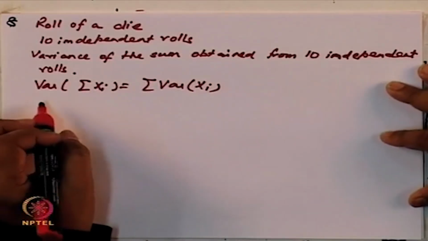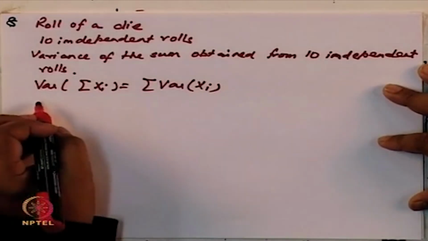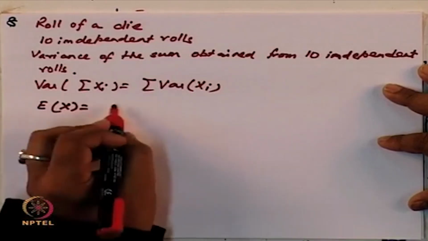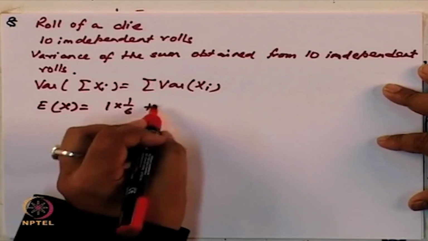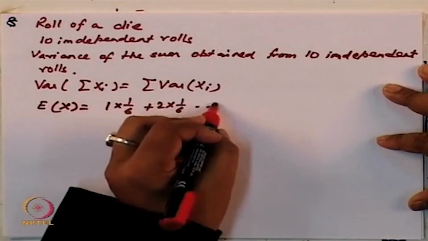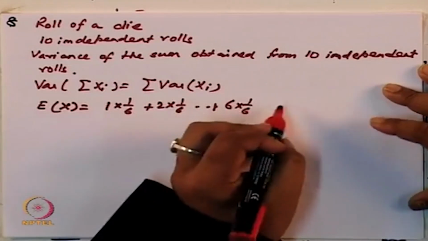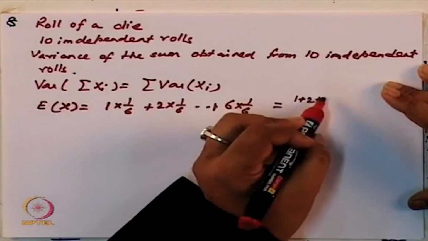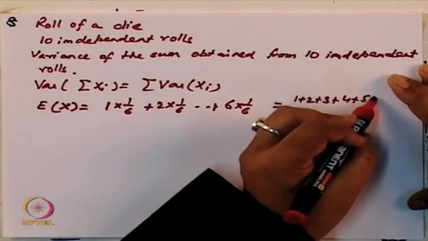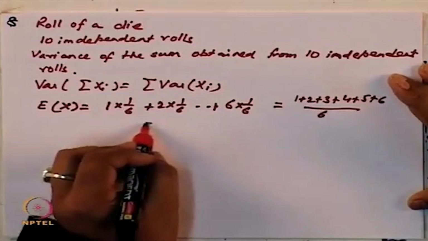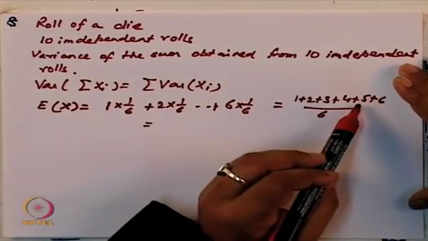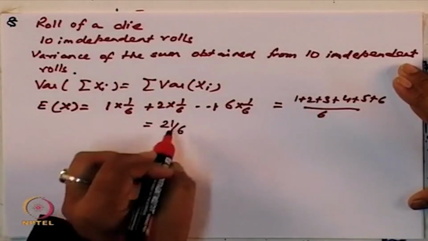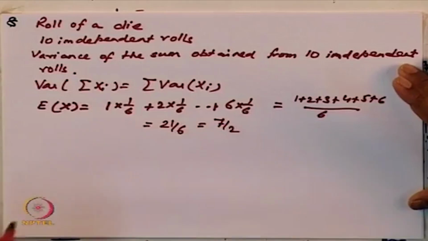So, for rolling of a die, we had the previous case, we calculated E of x is equal to 1 into 1/6 plus 2 into 1/6 plus up to 6 into 1/6, okay. So, 1 plus 2 plus 3 plus 4 plus 5 plus 6 by 6, which is equal to 21/6, that is 7/2, okay.